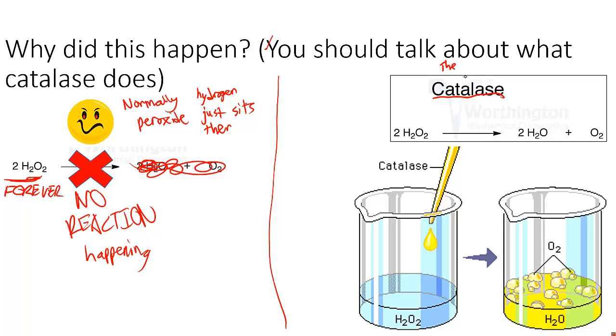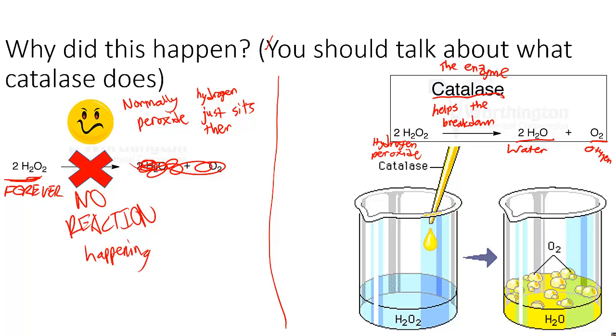But catalase is the enzyme, right? The enzyme catalase helps the breakdown of hydrogen peroxide into 2H2O, which is water, and O2, which is oxygen. Okay?